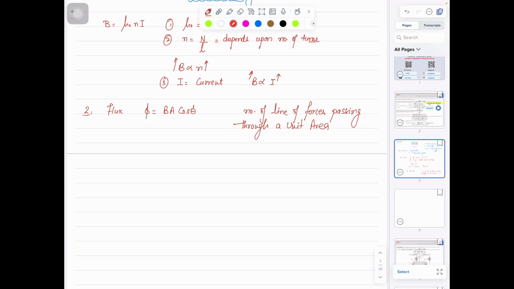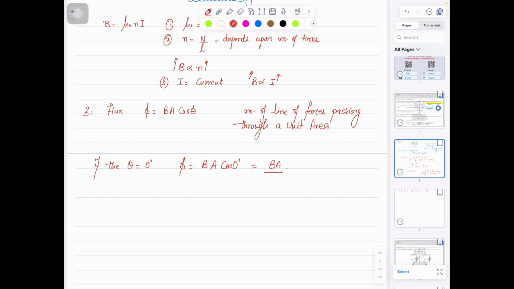Let's say the angle theta should be 0 degrees. Then flux is equal to B A cos 0, which is equal to B A.